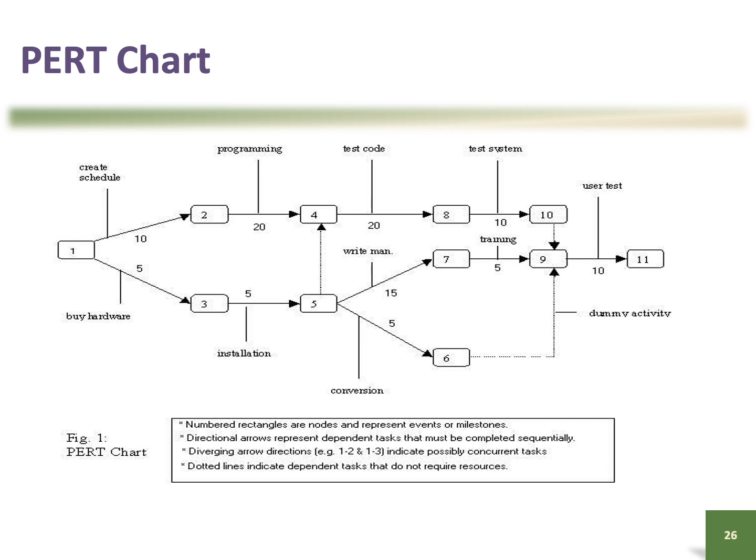And then the ones that you see over here say create schedule, programming, task code, task system, and so on. Those are the activities. And then the numbers over here, 10, 20, 20, 10, 10, represent how many days it takes for the activity to be done.